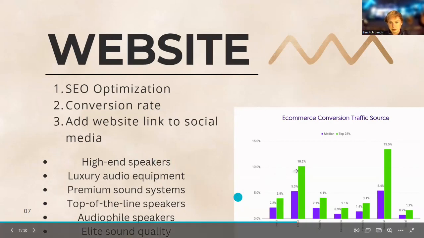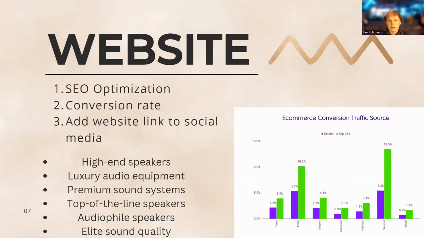And then as you can see here down on the right, your conversion rate, it's not very high. And that's why, again, we want you to send out all those emails and get the most amount of eyes on your store as possible. And then going along with that, having your website link in your social media will, again, just bring more visitors to your site.